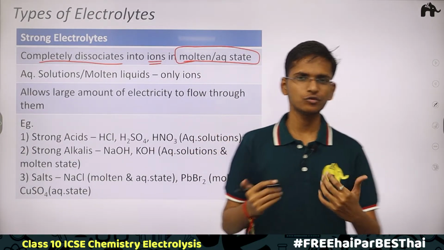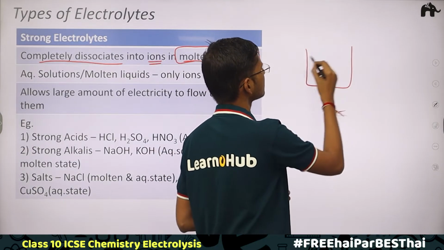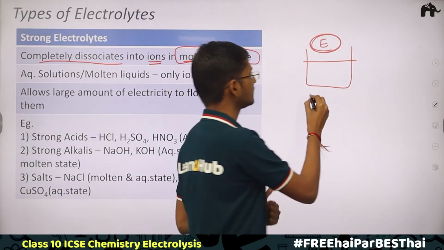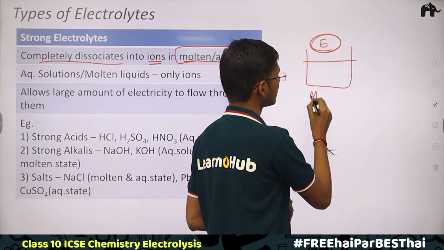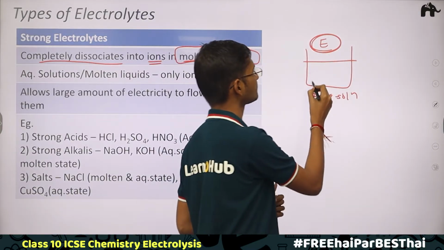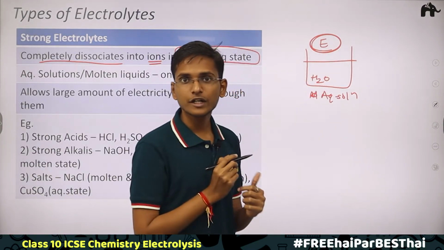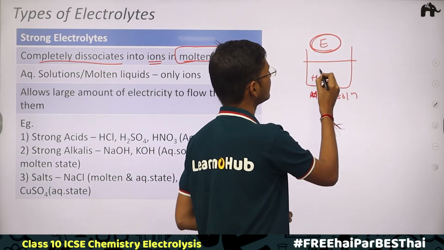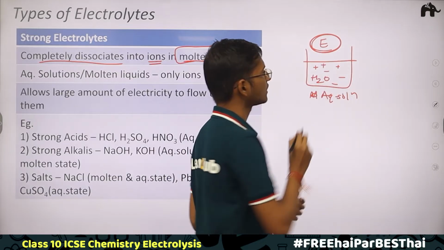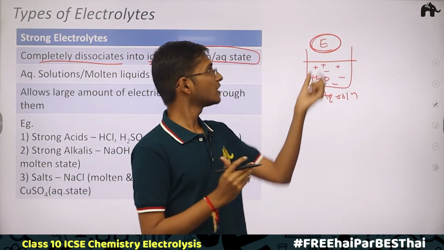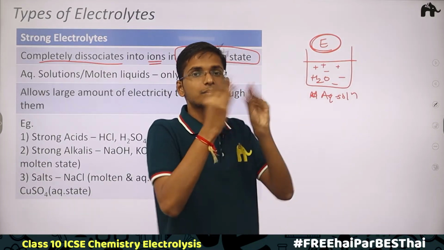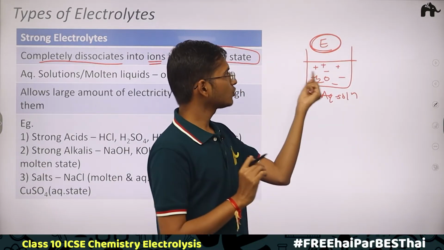But let me quickly tell you. See, if I add an electrolyte in water, which means an aqueous solution, and after adding it, this electrolyte gets dissociated completely, which means all the molecules of the electrolyte get separated into ions.